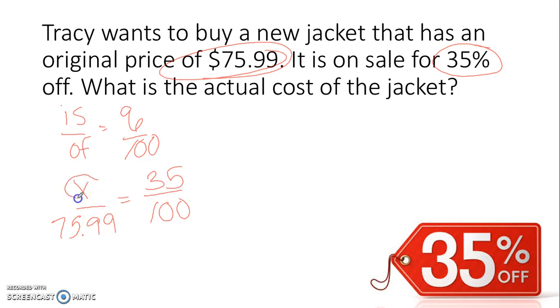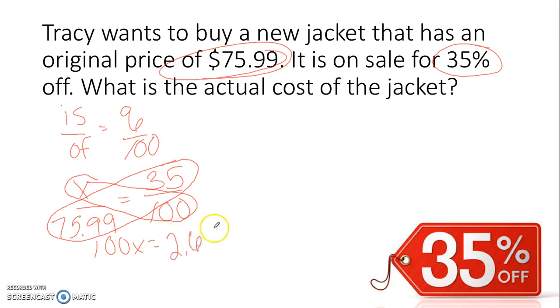So x times 100 is 100x is equal to $75.99 times 100. So go ahead and type that into your calculator for me. $75.99 times 35. Alright, once you type that in, you should get 2659.65.